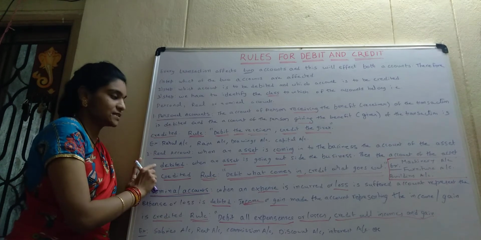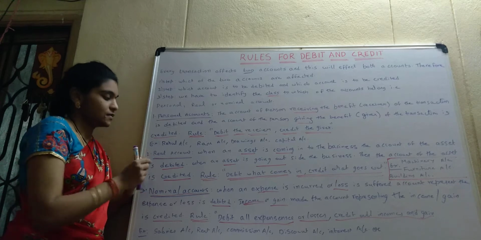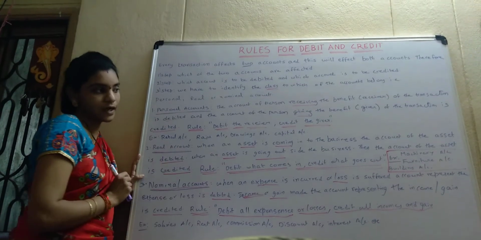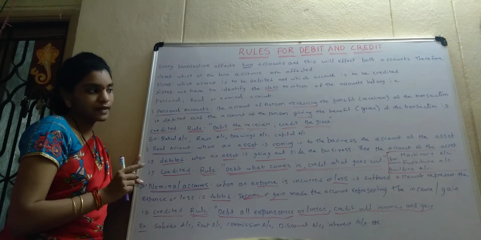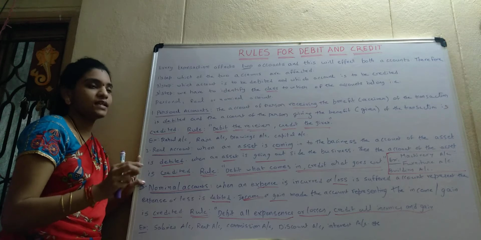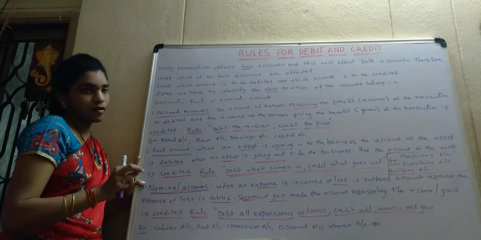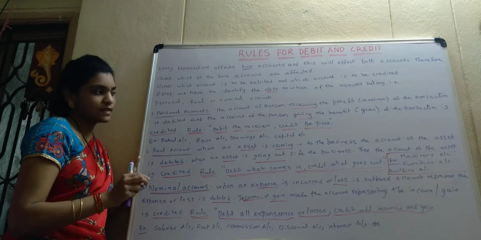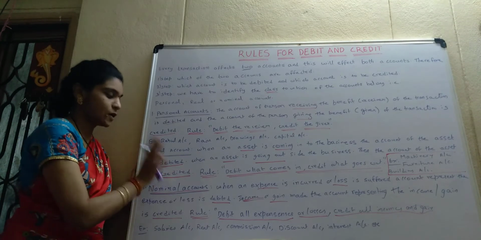Assets come under this account. For example, machinery account, furniture account, building account. If you find assets, it comes under real account.